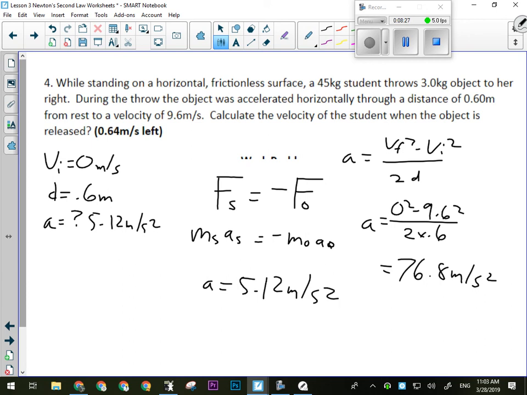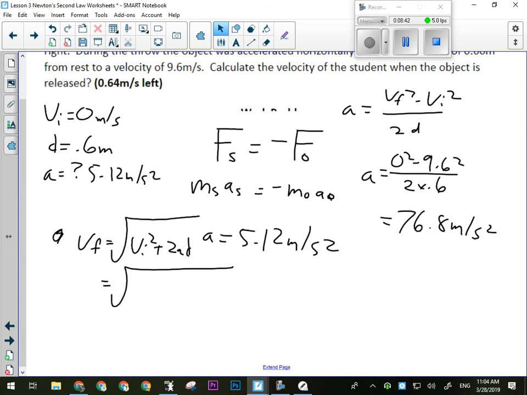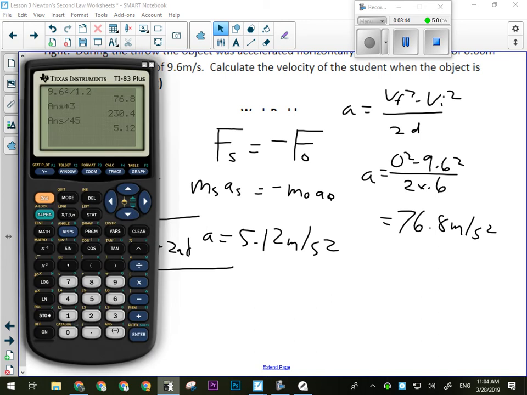Okay, so now if I use the same formula, I should be able to get their final velocity. And if that doesn't work, then I'll try it with the time, but okay, it should work. So we've got 2 times 5.12 times 0.6.